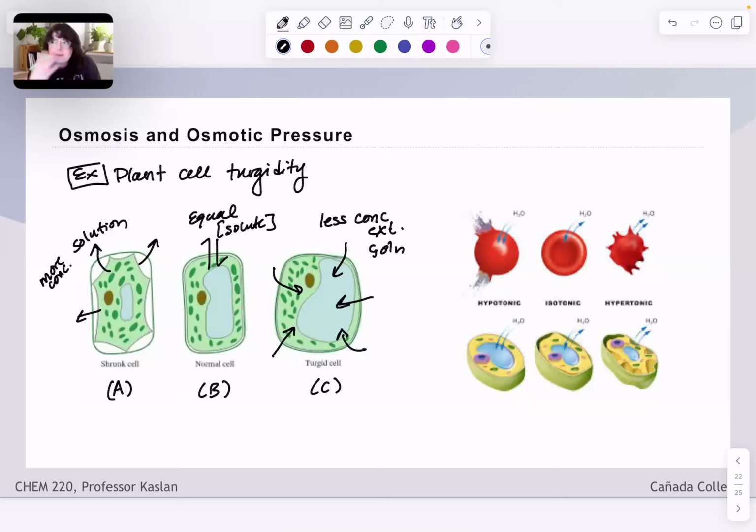So you might have seen some people recommend you store things like celery or carrots in a glass of cold filtered water in your fridge. And the reason they suggest that is so that you can increase the turgidity of your cells.